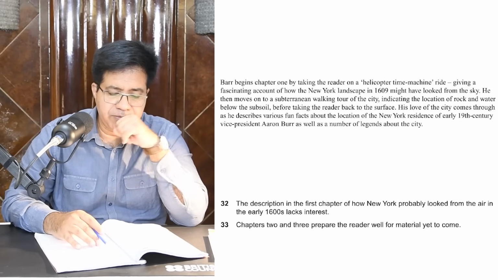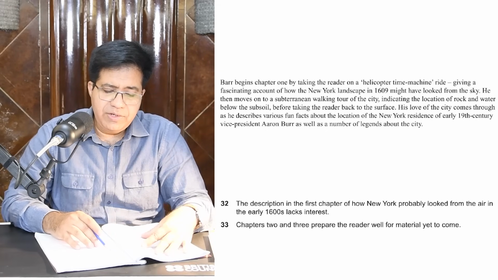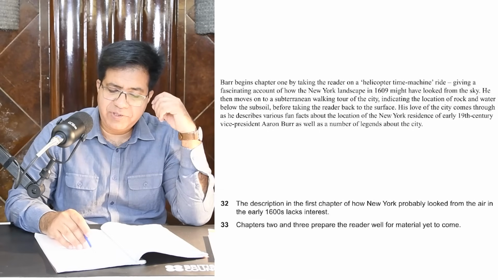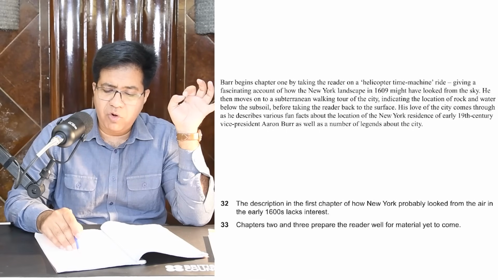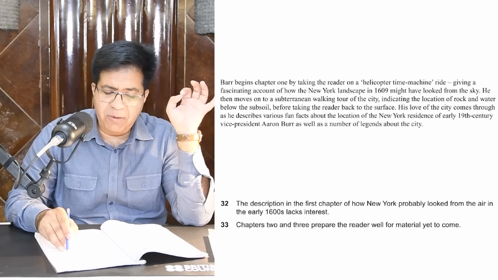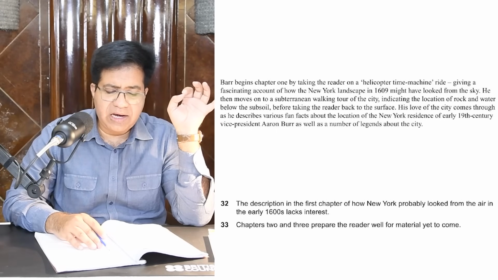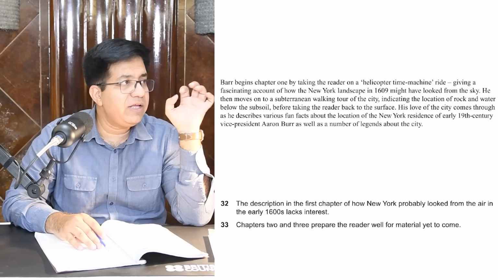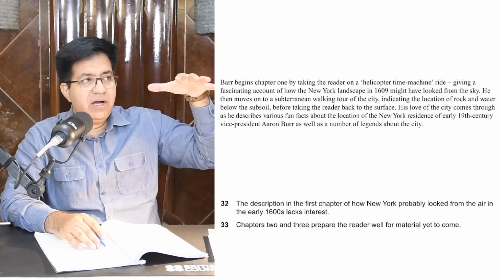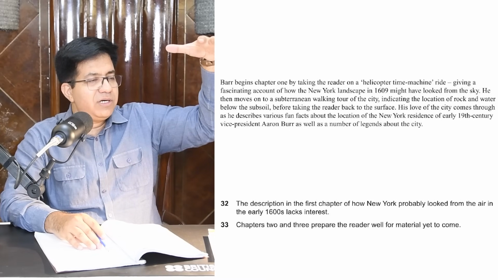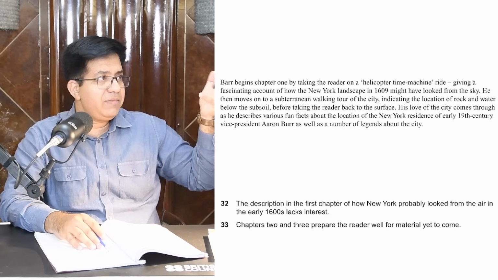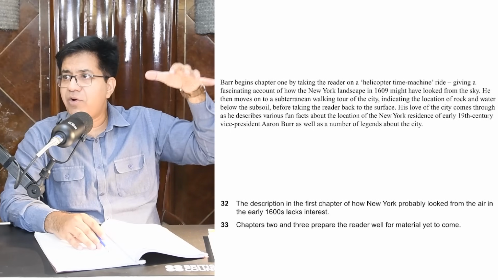Question number 32. Description in the first chapter of how New York probably looked from the air in the early 1600s. Now they will tell us how New York looked in the early 1600s from a helicopter, drone should not be there in 1600s, helicopter or aeroplane.